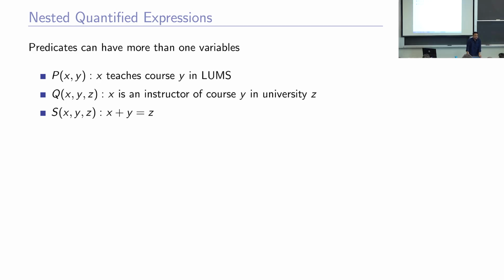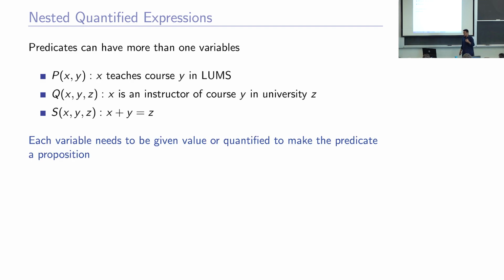What is the statement, not the truth value? 3 plus 2 equals 1, right? When I give values to the variables, it becomes either true or false, and it becomes a proposition. So each variable needs to be given a value in order for this predicate to become a proposition, okay?